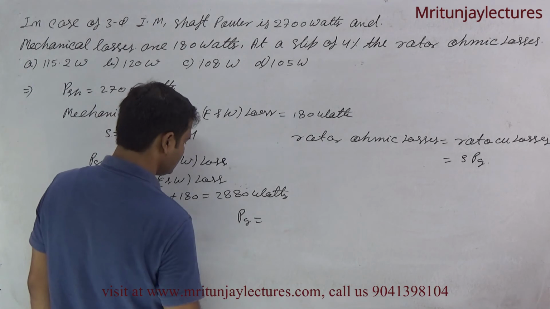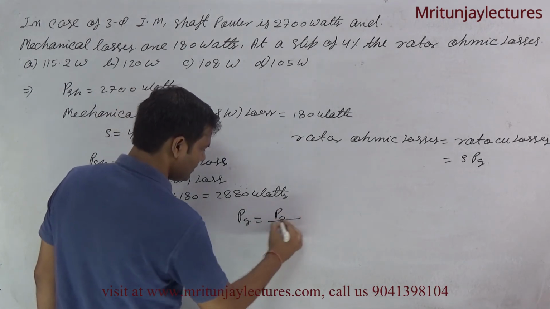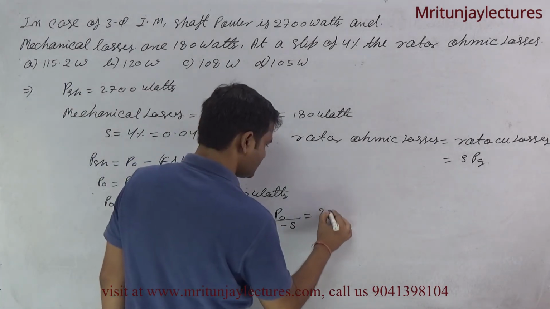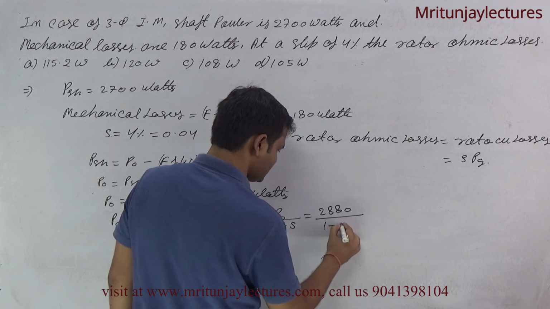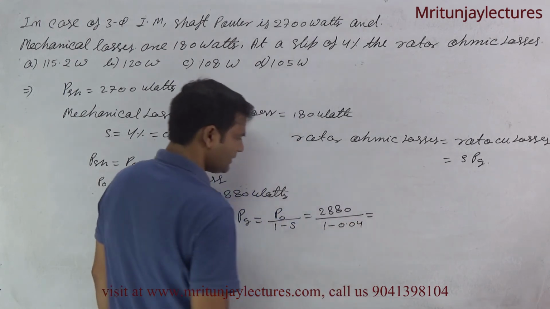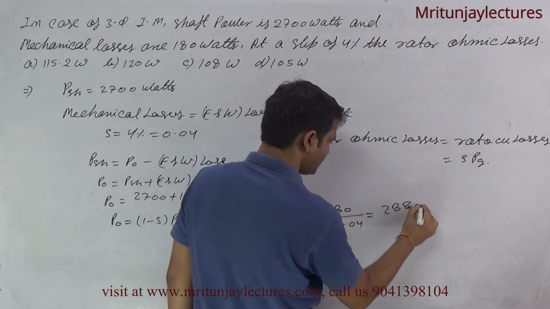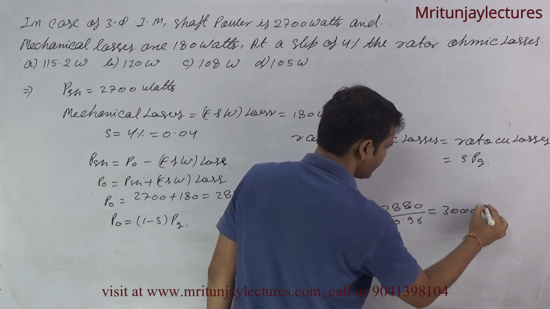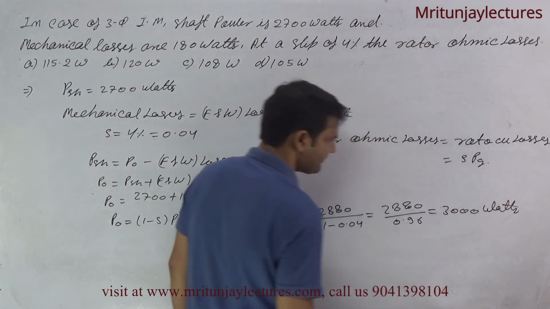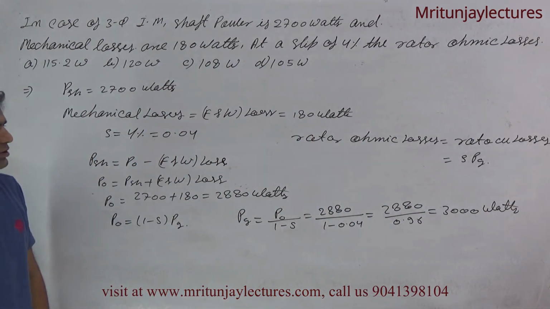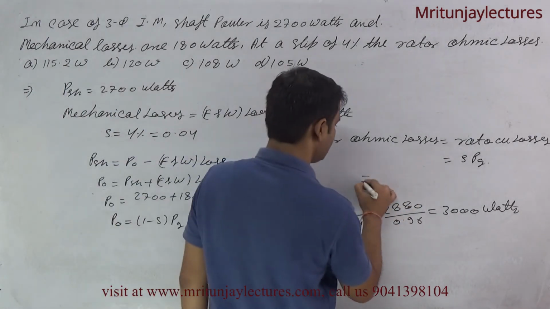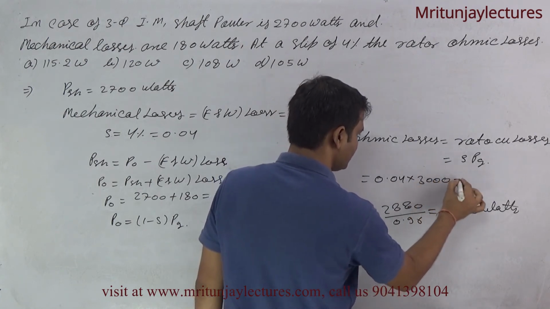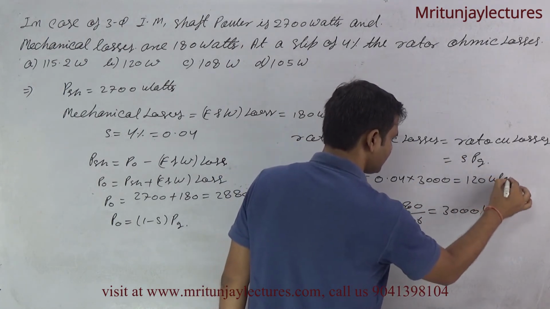So PG is equal to P0 divided by (1 minus S), that is 2880 divided by (1 minus 0.04), which is 2880 divided by 0.96, equal to 3000 watts. So with S equal to 0.04 and PG equal to 3000, finally the rotor copper loss is 120 watts.